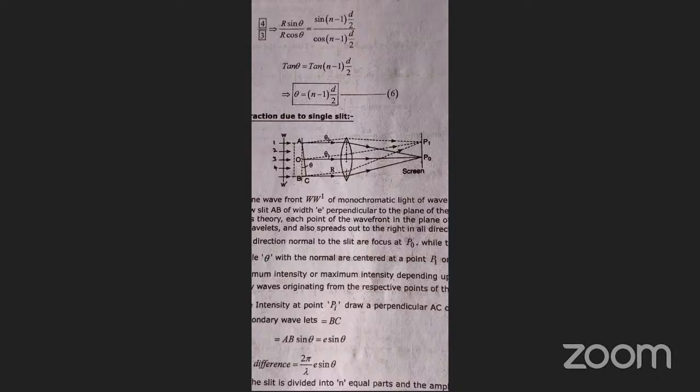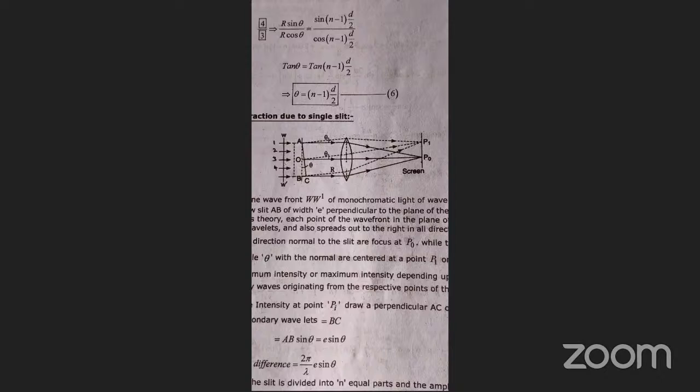These secondary wavelets travelling in the direction normal to the slit are focused at P0, while the secondary waves propagating at an angle theta with the normal are centered at point P1 on the screen.